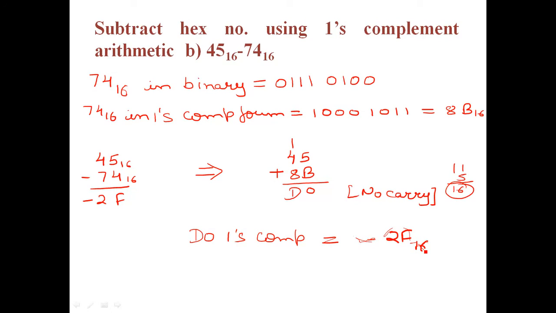But because we are having the result in negative format, we have to place a minus sign in front of the final answer. So final result is minus 2F in hexadecimal.